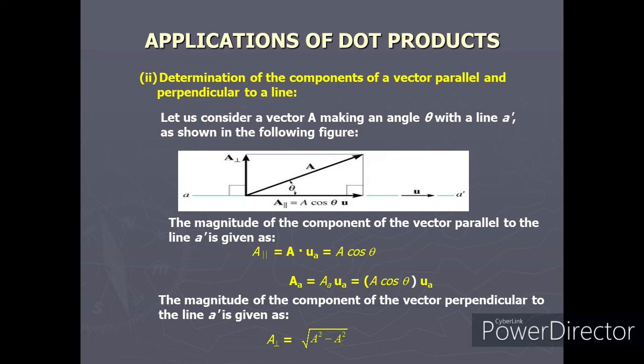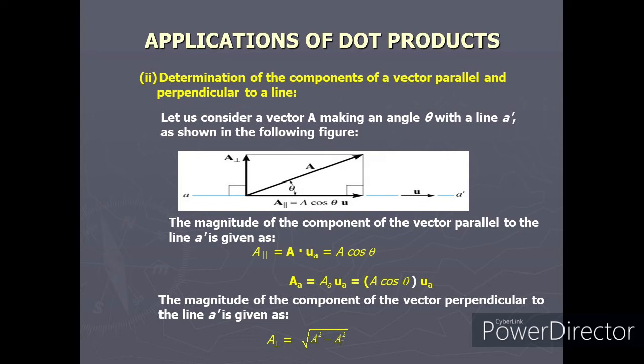But if you look at this one, the component, which is A cos theta, is the magnitude of A times cos theta. It's the same thing as taking the dot product between A and the unit vector in the direction of A, because the unit vector magnitude is 1.